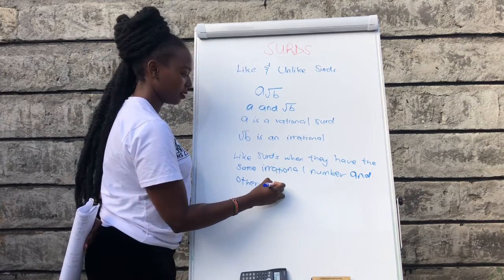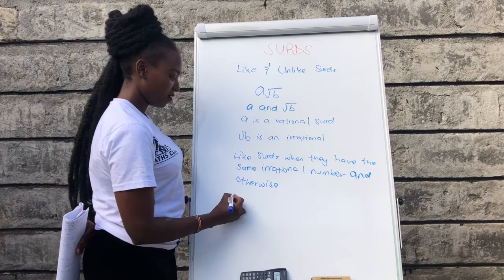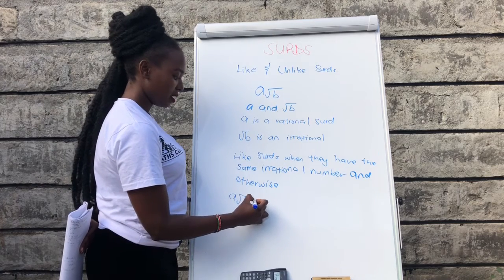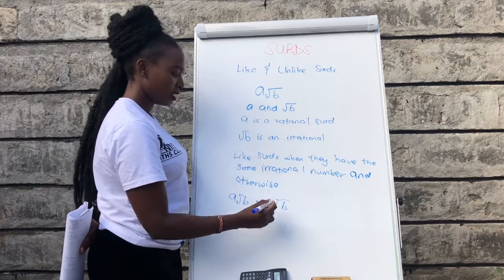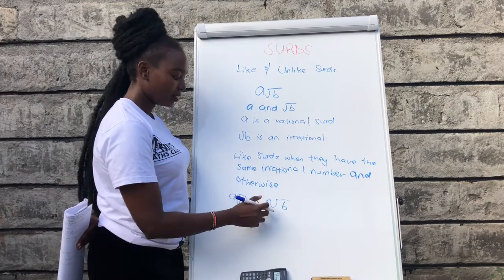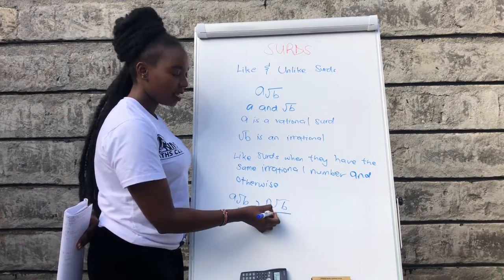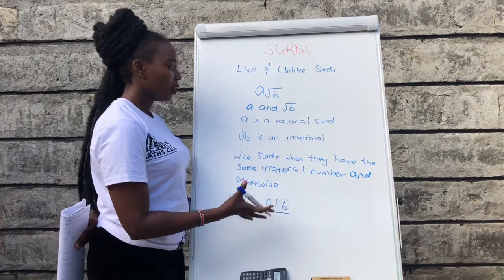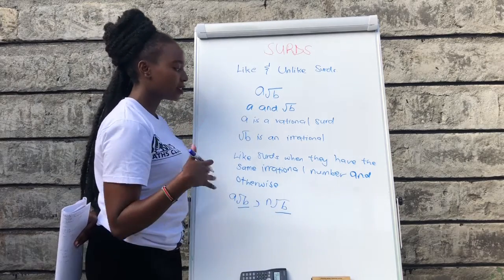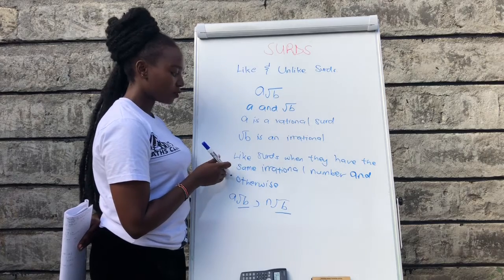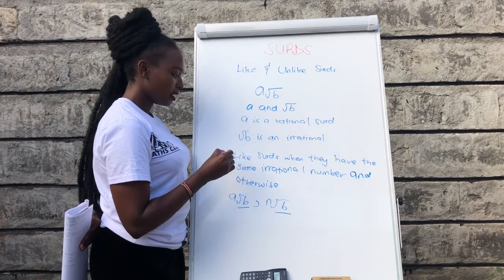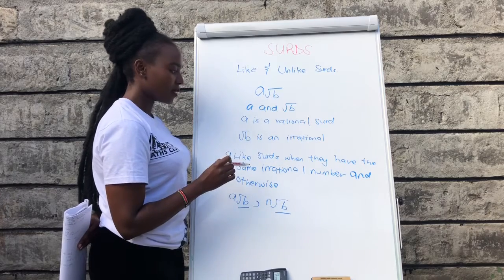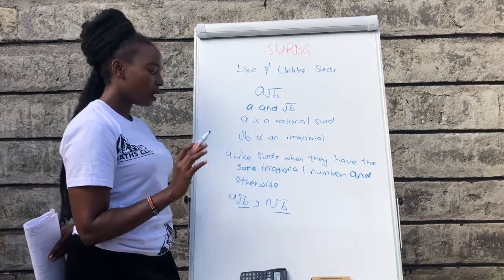So if maybe you've been given a root b, you can say they are like Surds because they have the same irrational number. So this is just for the like and unlike Surds. I hope you've understood that we only say that Surds are alike if they have the same irrational number.